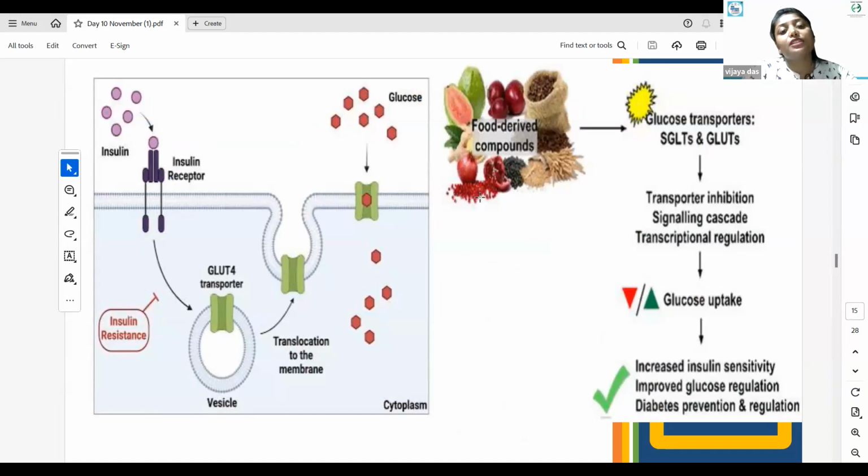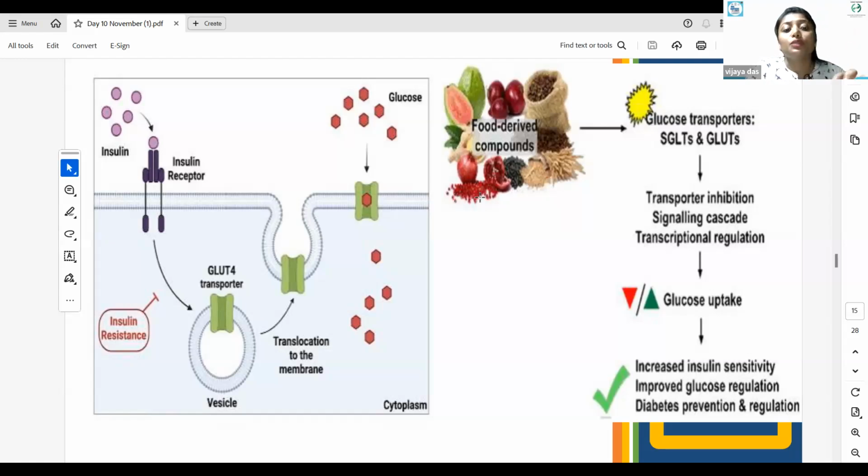Whenever there is glucose present in the body but insulin receptors are not responding correctly, that is when we call it insulin resistance. So in case of insulin resistance, we can choose options which enhance GLUT4 expression because they are responsible for glucose uptake.